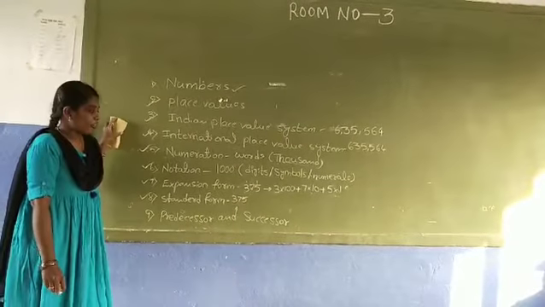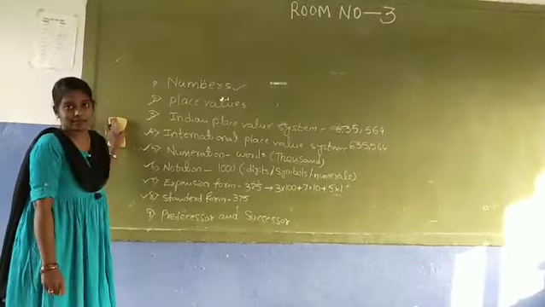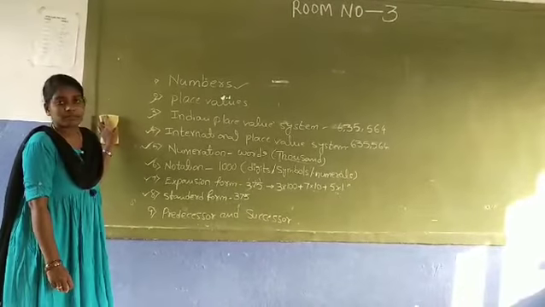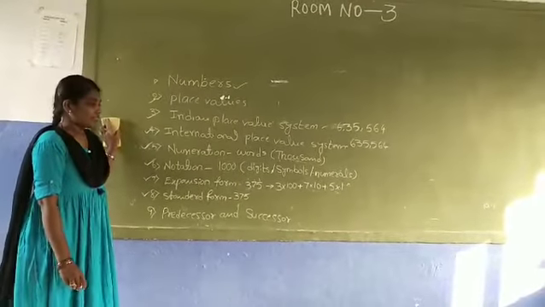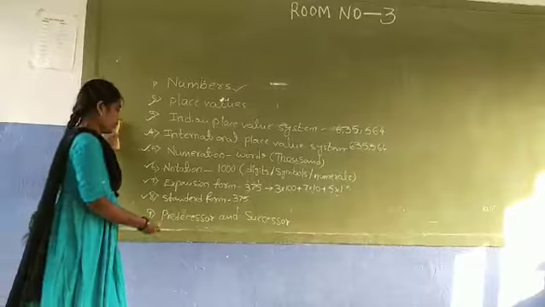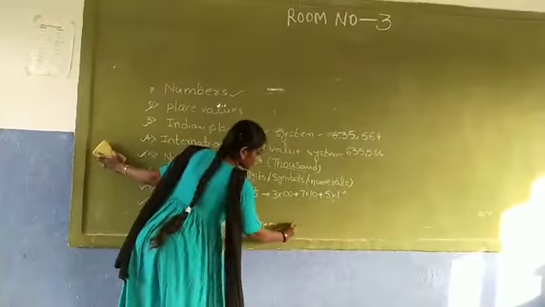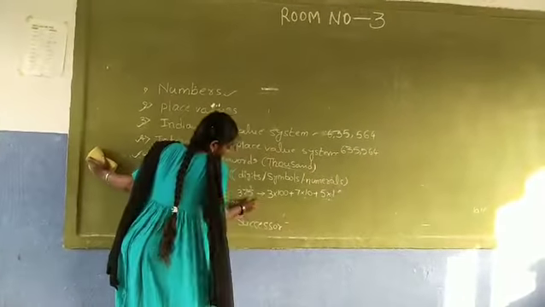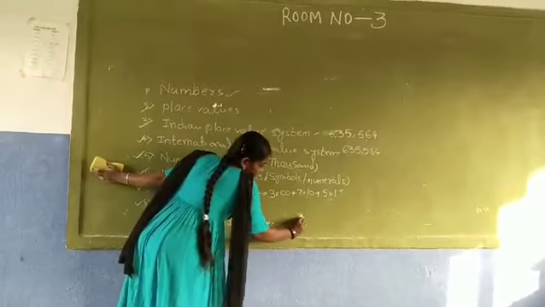Predecessor. What is the predecessor and what is successor? Predecessor means before number. Successor means after number. For example, I am taking the same example 375.